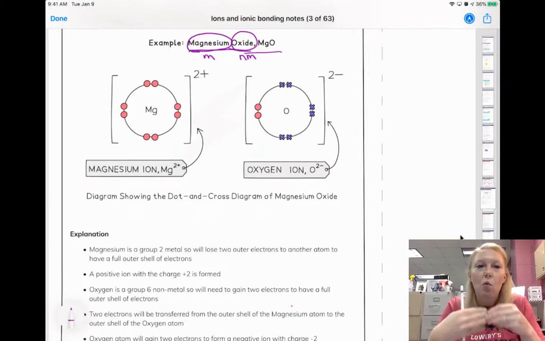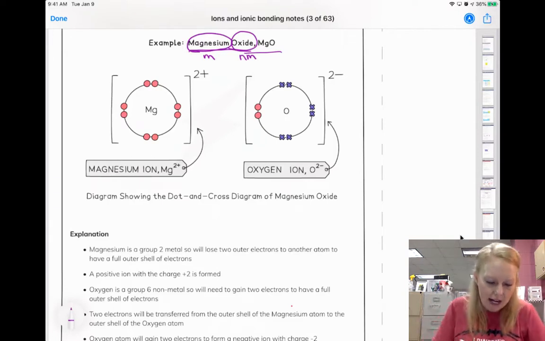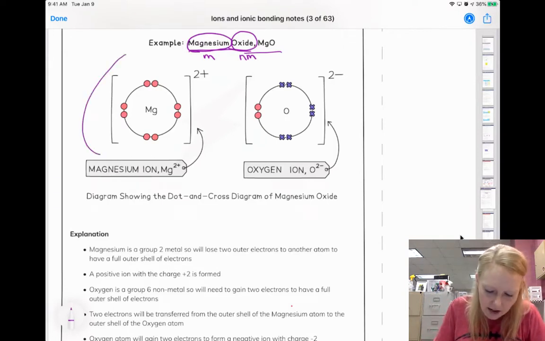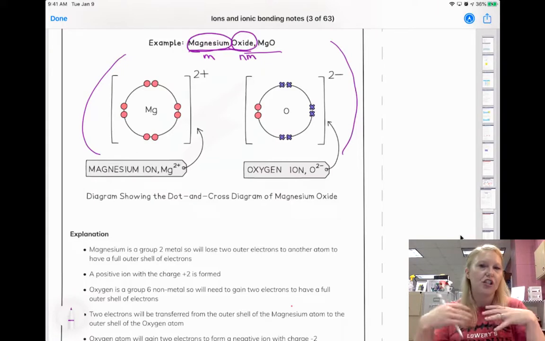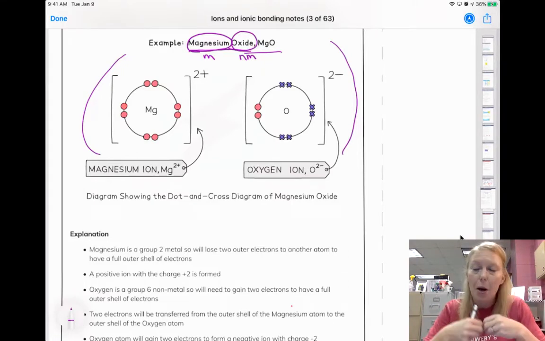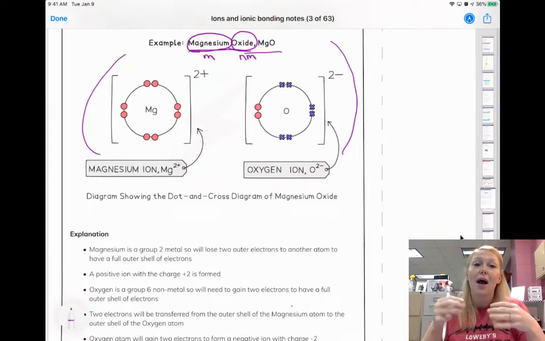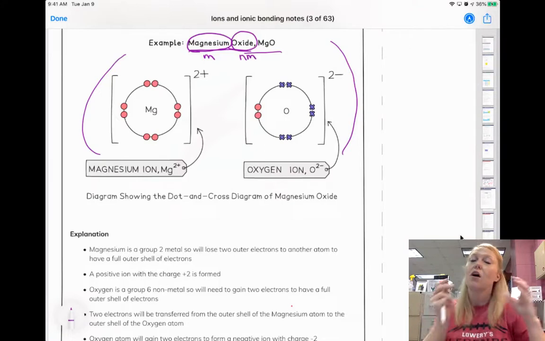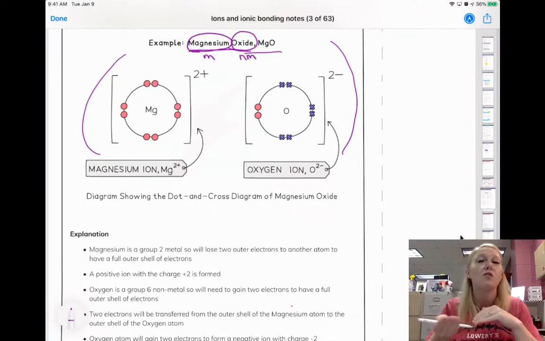Now, what you see in my notes right now is the final product where you have just your ions formed without electrostatic attraction holding them together. But you're also going to have to be able to show how those electrons move from the magnesium to your oxygen to form your magnesium ion and your oxide ion.